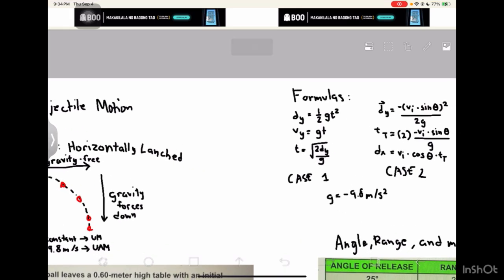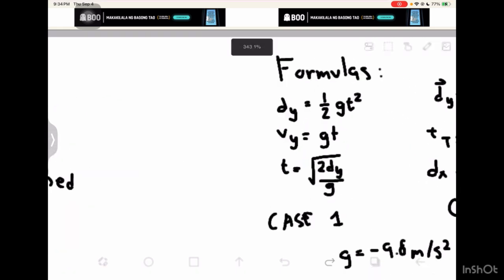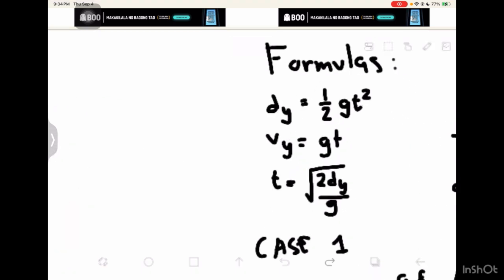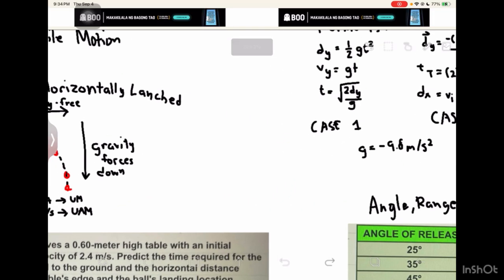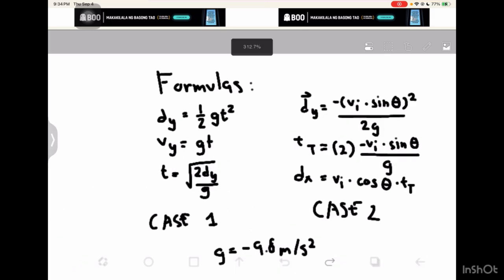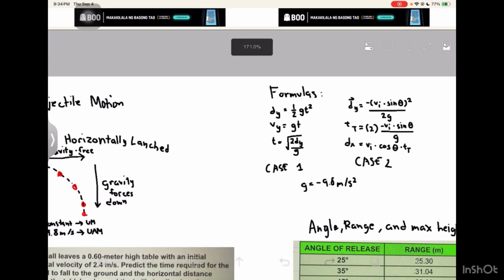I recall my teacher said that it just says solve for d sub y, solve for v sub y, solve for t. So no need to worry, it will be very direct, so you just need to apply the formulas, and bonus points, they're already derived. So you don't have to worry about anything, just plugging the formulas into your calculator.